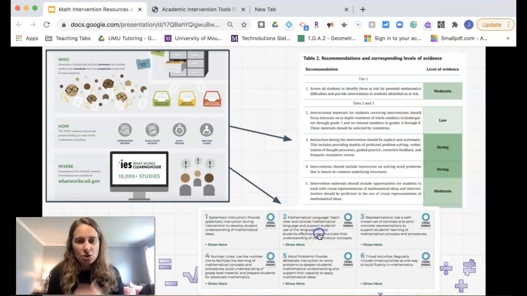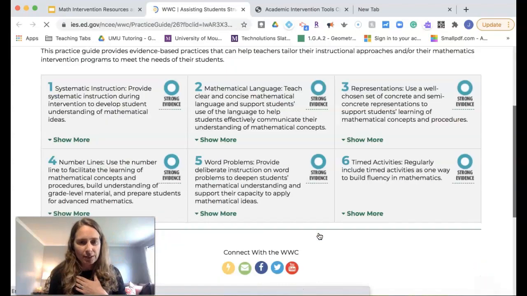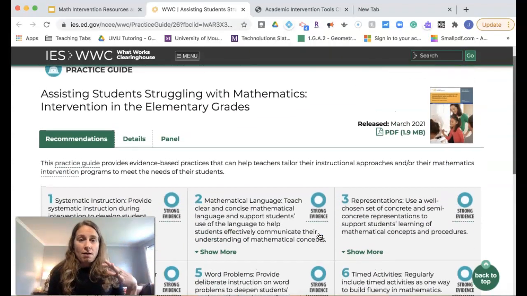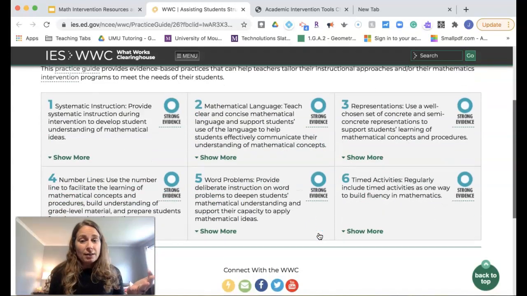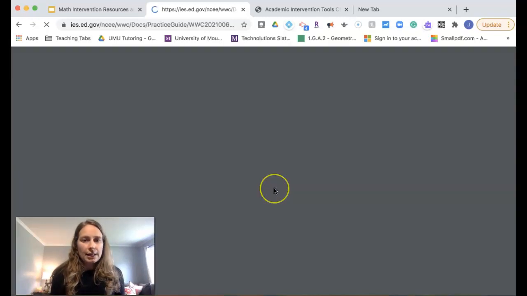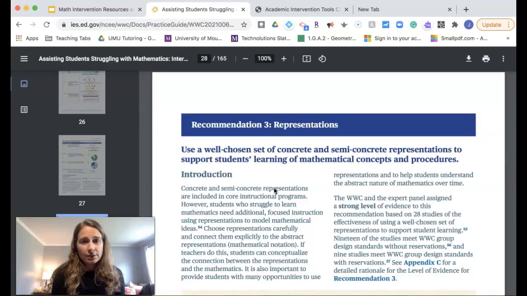So I put some images, but I'm just going to click one and give you a quick glimpse of what one looks like. So these right here are interventions for elementary mathematics students. And you can see it provides you with 6 ideas and that they have strong evidence. And then you can click on it and it'll show you more about that particular idea.